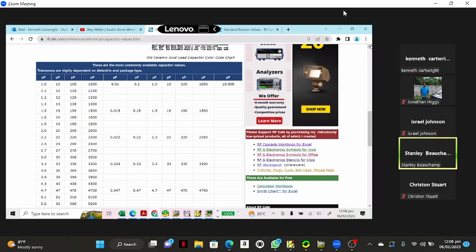What you use is the value in the first column, 0.015. On the first row right here, 0.015 microfarad? Is that what you're talking about? Yeah.